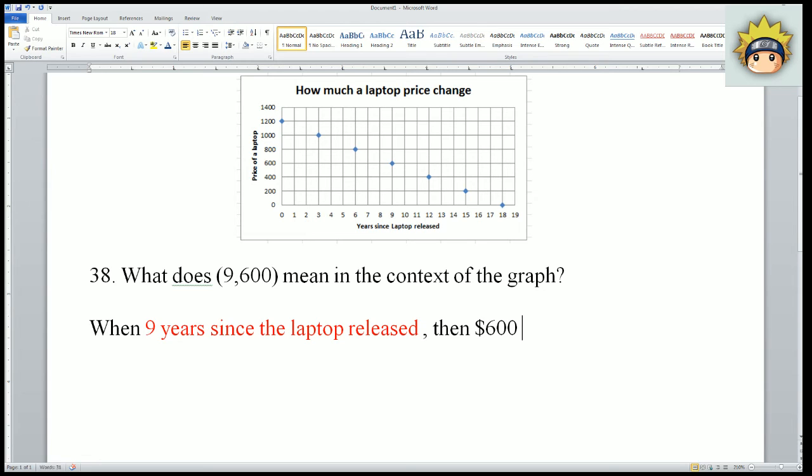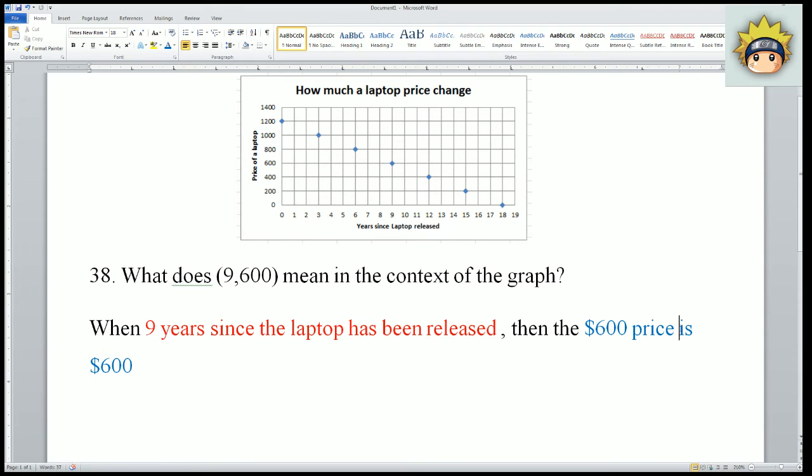Price of a laptop. Okay, so the 600 here is the price of the laptop when it is 9 years since the laptop has been released. I could also put that when 9 years since the laptop has been released, then the price is $600.